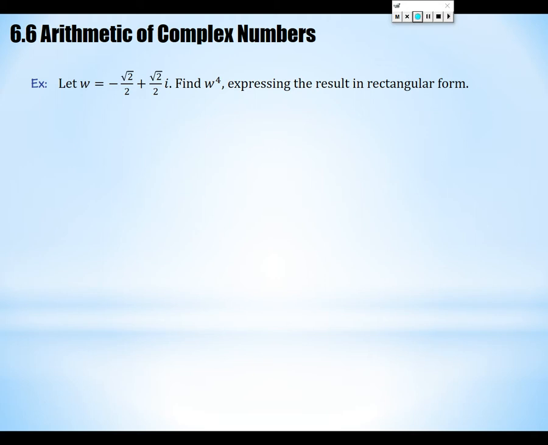All right, so what is the polar form for this? 1 cis 3 pi over 4. Okay. So then what do we get? Let's labor to take it to the 4th power.